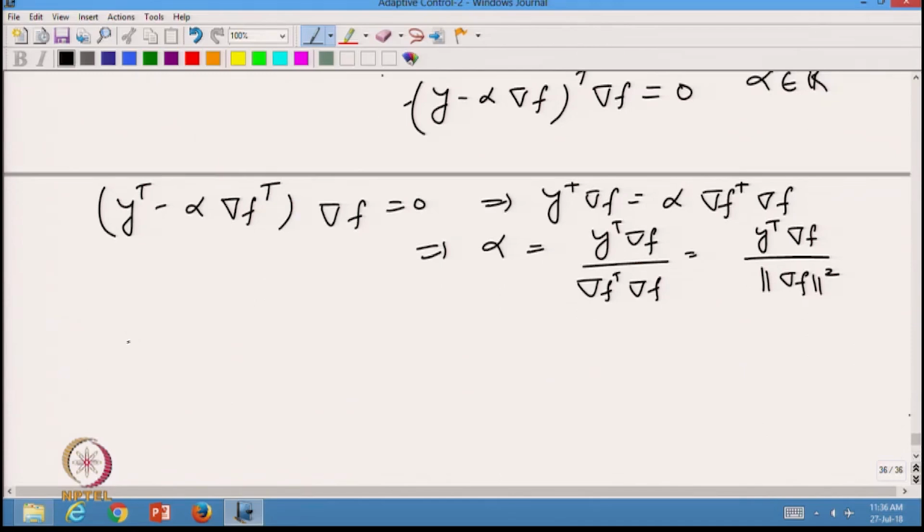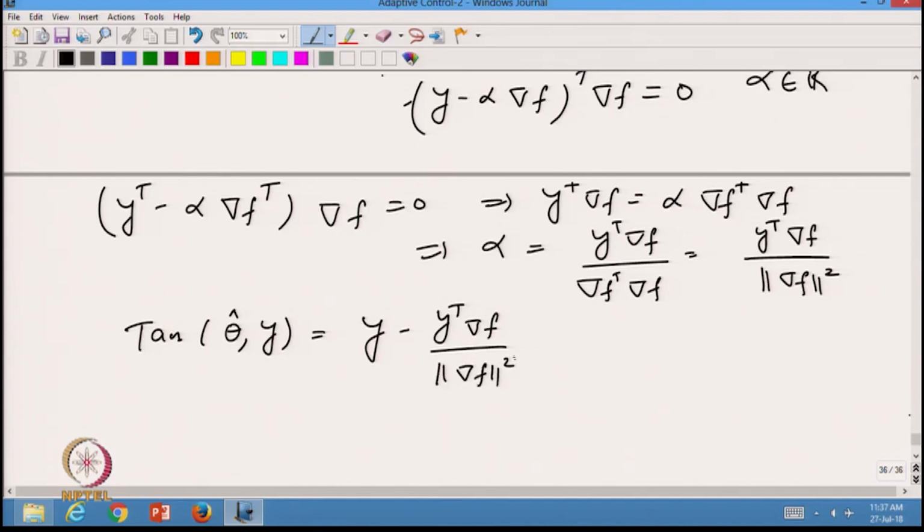So we can say that the tangential vector at the point theta hat, which is on the boundary, is given by y minus alpha del f, which is y minus y transpose del f over gradient of f squared times gradient of f.